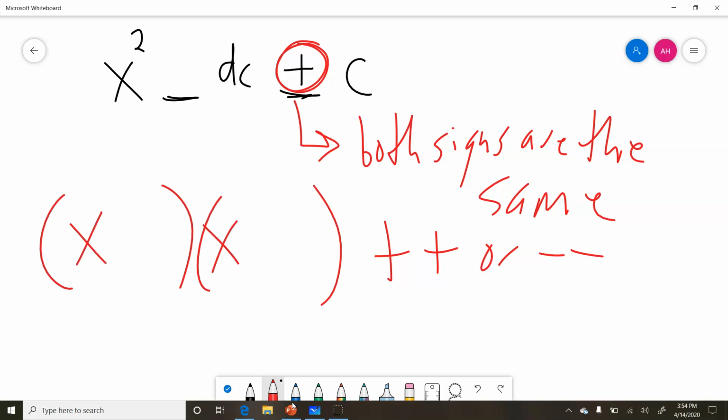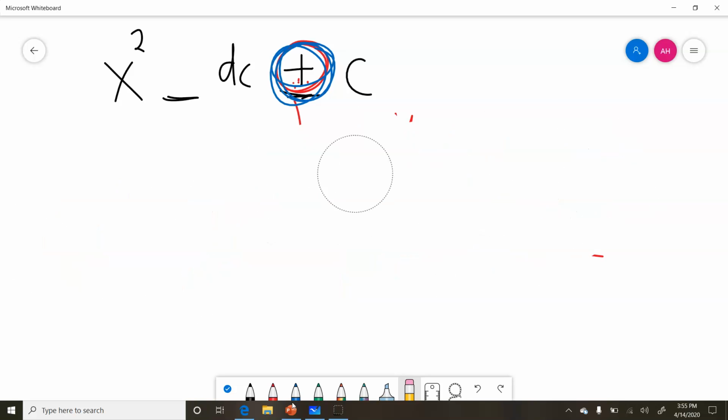Before I do anything else, if this is positive right here, then I know that it's either going to be plus plus or it's going to be minus minus. I automatically know that, okay? So if this sign is positive right here, then both of these inside here are the same. Hope that makes sense. Now, the fun part, I'm going to erase this, so if you need to pause that, go for it.